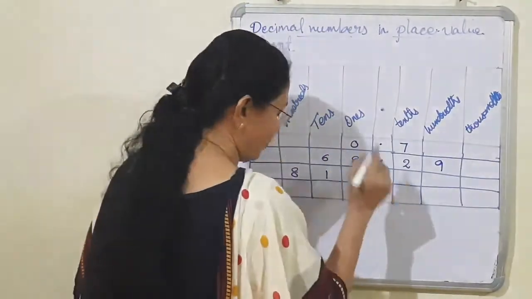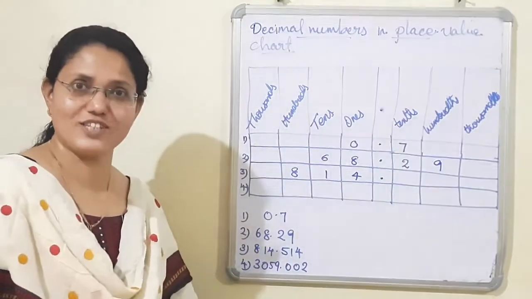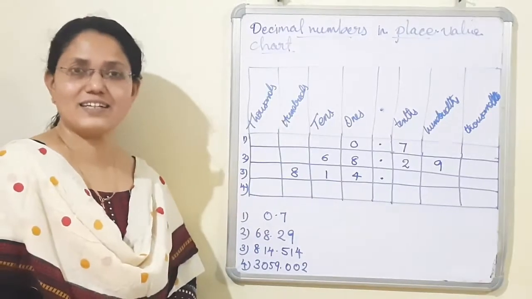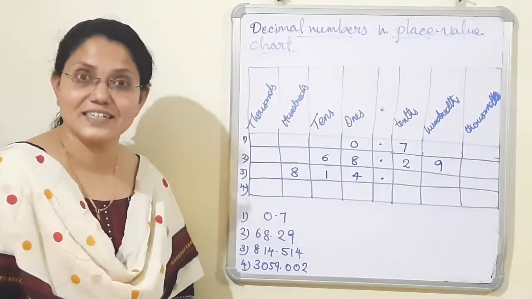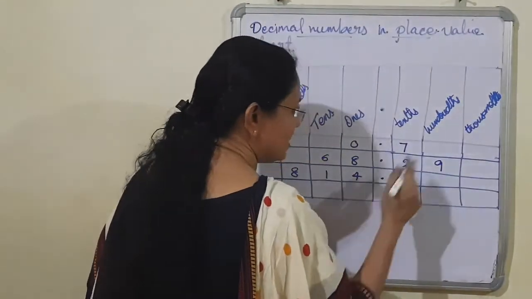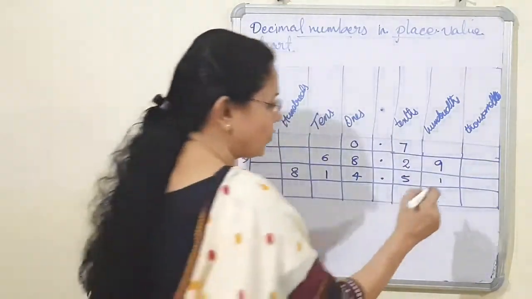Then put the decimal point. Next 5, 1 and 4. Just after the decimal point, the first digit comes under tenths, the second digit under hundredths, the third digit under thousandths. So in tenths, 5 is there, in hundredths, 1 is there and in thousandths, 4 is there.